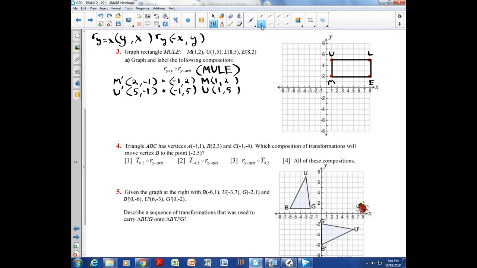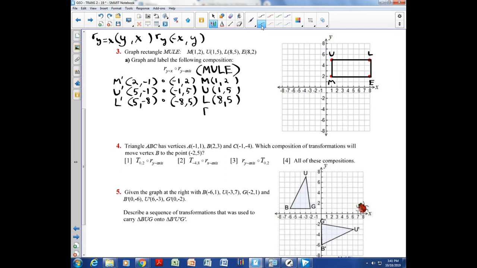And then we are going to do L, which is 8, 5. So I'm going to change my x, keep the y, and then I'm going to switch them. And that's going to give me my L prime.